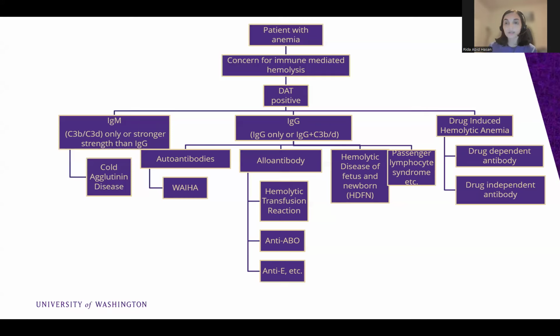Even if it's just IgM, it could be cold, absolutely. But if it's IgG, the differential is pretty broad. Still, warm is just one of the many kinds of antibodies that your patients could have bound to it. And there are other antibodies and other disease states that you have to think about in the setting of just a positive DAT.